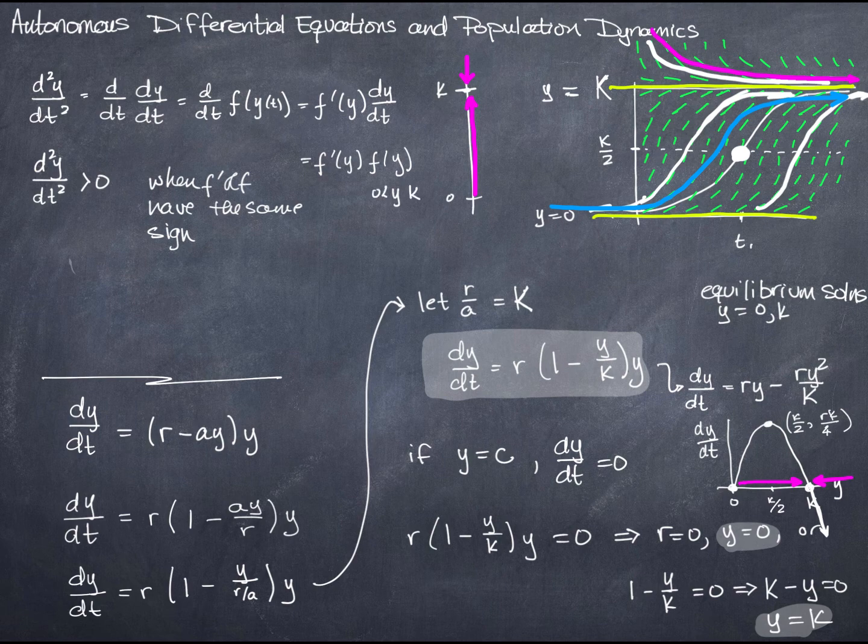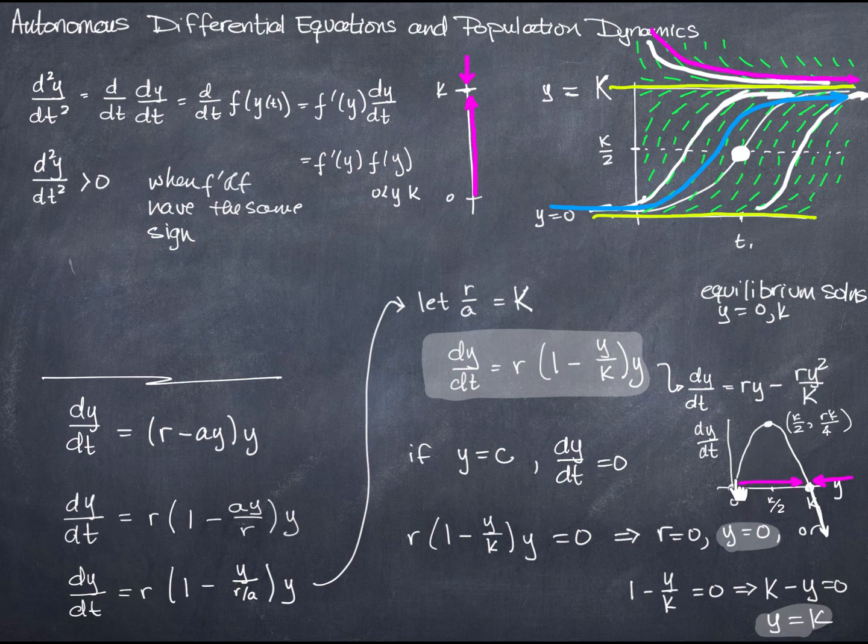We want these things to have the same sign, so we need to also know where f prime is positive. And we can also determine that from our graph down here, because if this is the graph of the derivative, remember that the derivative is f of y, and the derivative of the derivative is f prime of y. The derivative of this graph is the second derivative. The derivative of this would tell us the slopes at various different points.